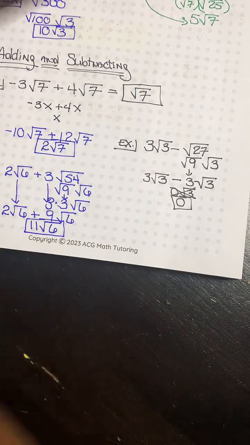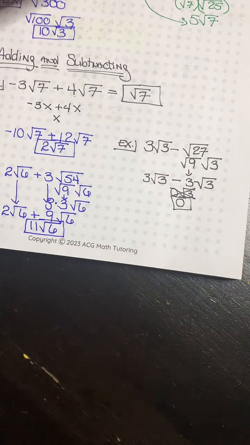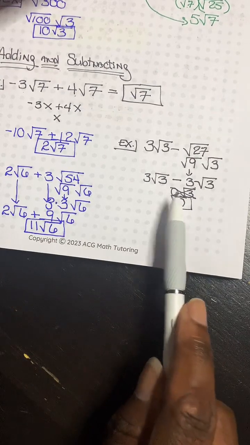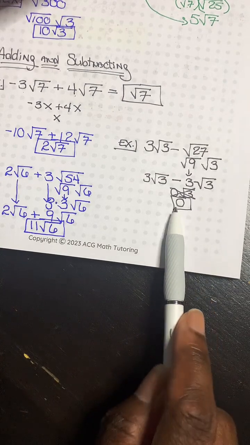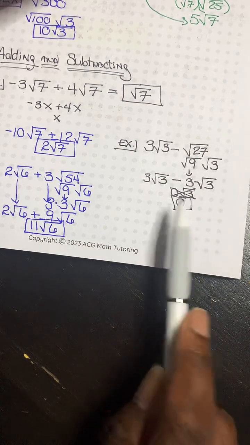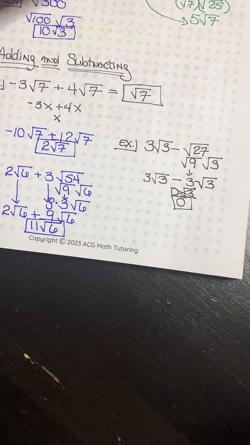But for all really purposes, all of you go into the game, all of you come out. Okay? So when you get 0, 0 is a placeholder. Okay? Anything times 0 is 0. All right? So it's not 0 radical 3. It's not 0x. It's just 0.